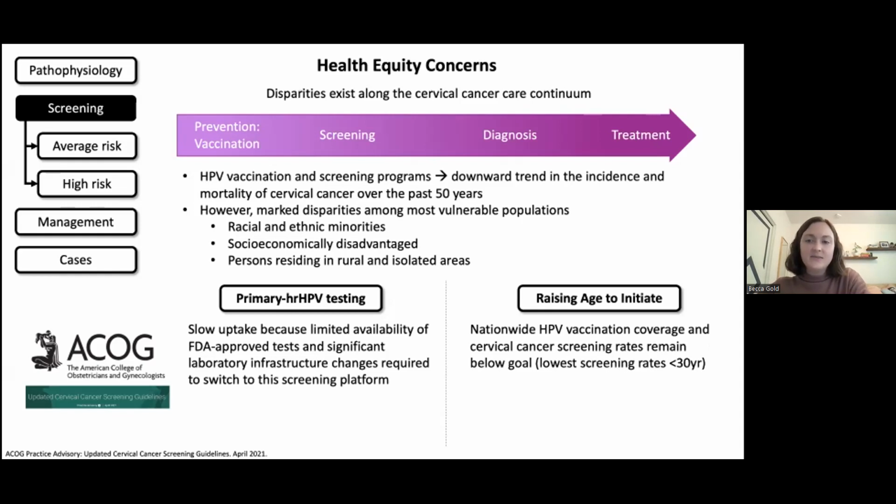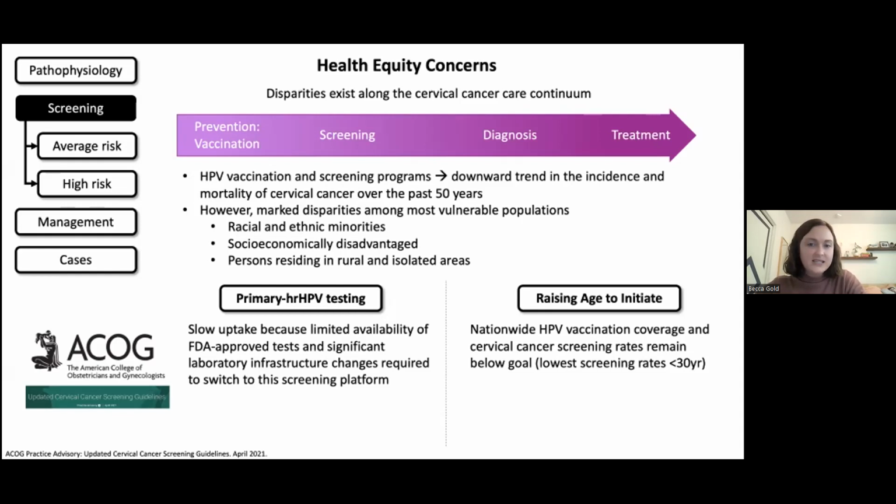So again, just some salient disparities that I wanted to call out with regards to vaccination. Earlier studies back in 2017 in the post-ACA era showed that at first there were lower rates of vaccination completion among Black, Latina, and Asian communities. I will say more recent data has shown that there's been a steeper increase in vaccination uptake, and the racial and ethnic disparities have somewhat narrowed.